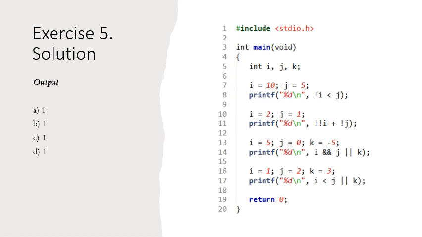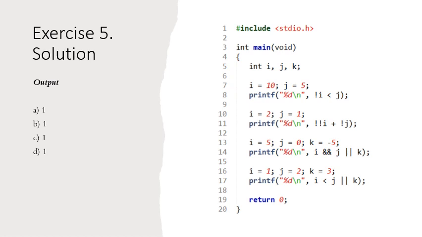And then for line 16, we have variables i, j, k assigned to values 1, 2, and 3. So we would like to evaluate the expression i is less than j or k. Your relational operator less than has a higher precedence than your logical operators like or. So we evaluate i is less than j first. Is your i less than j? Yes, because your 1 is less than 2, which is true.